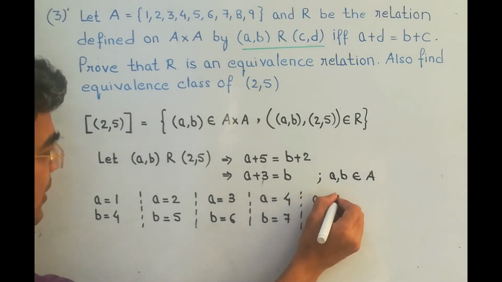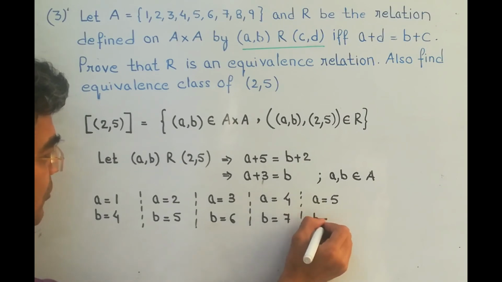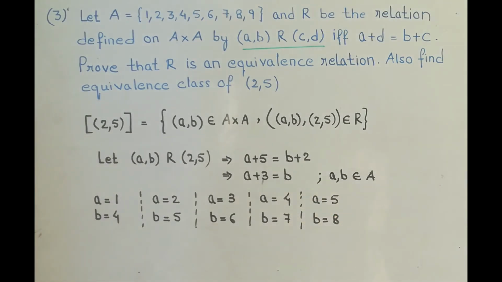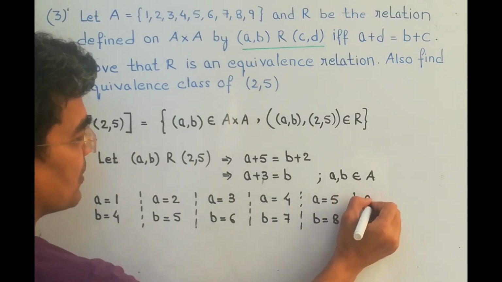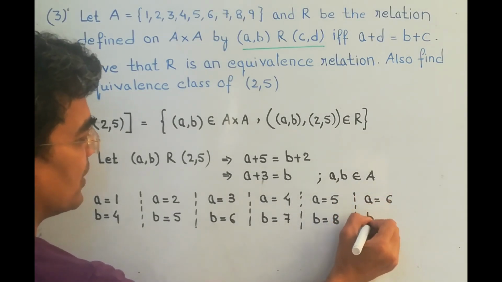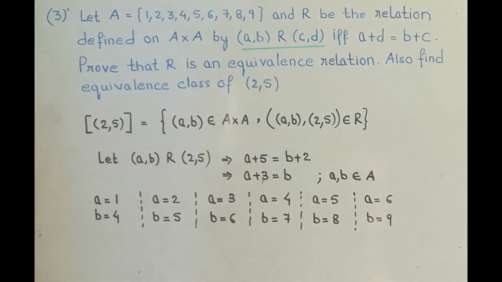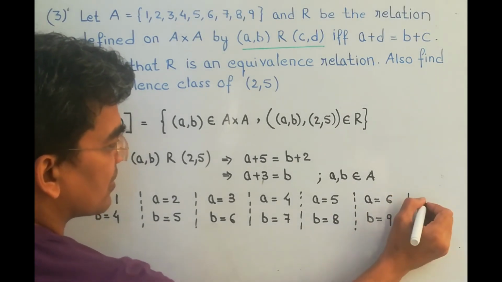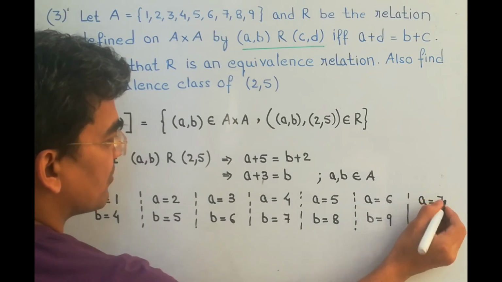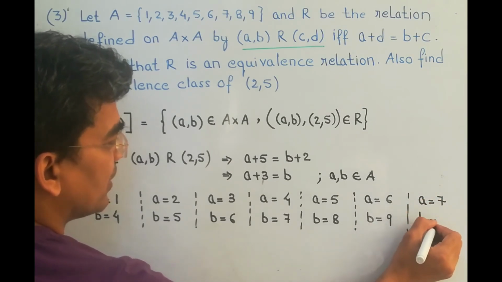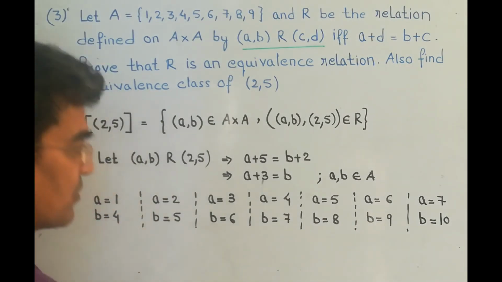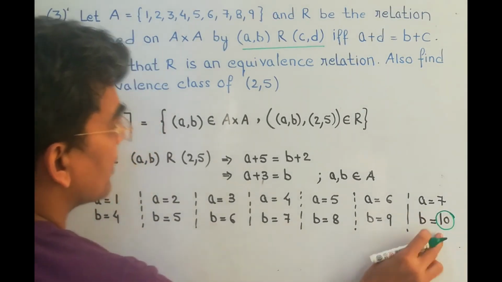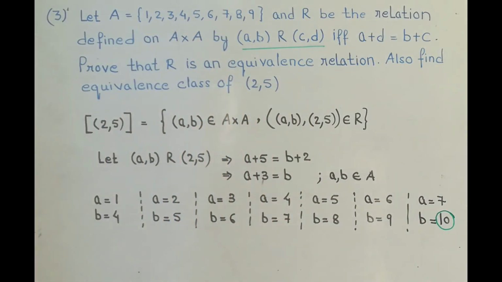Substitute the next value as 5, so b is equal to 8. Substitute the next value as 6, so b is equal to 9. And if you substitute a is equal to 7, then you will be getting b is equal to 10. And as you can see, this value 10 does not lie in A. So we cannot do the calculation further than this.